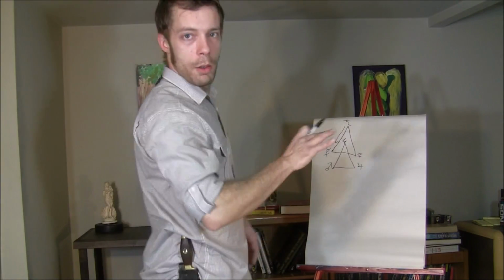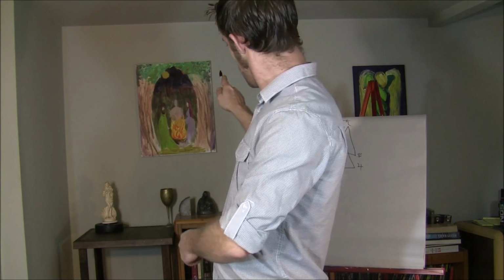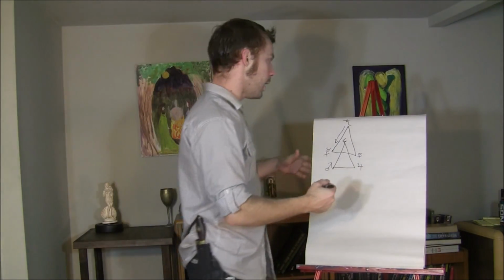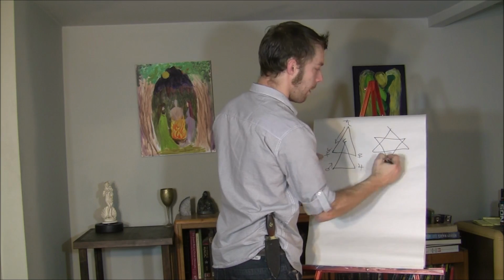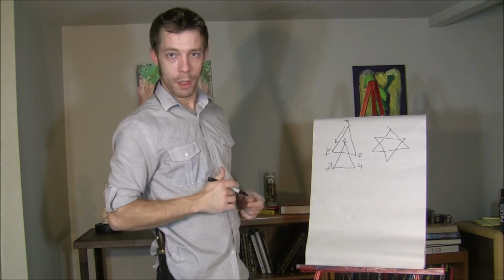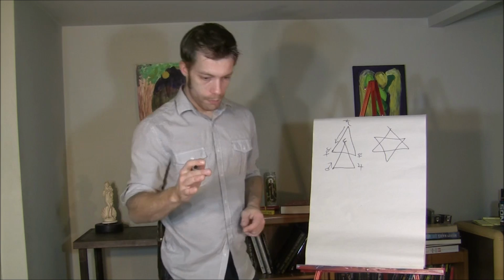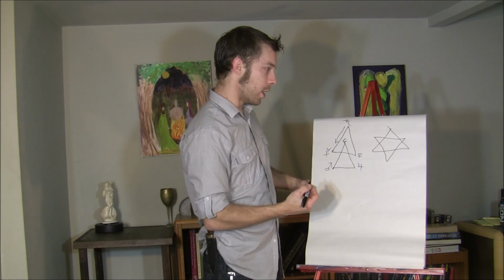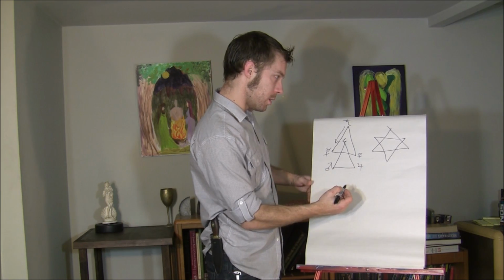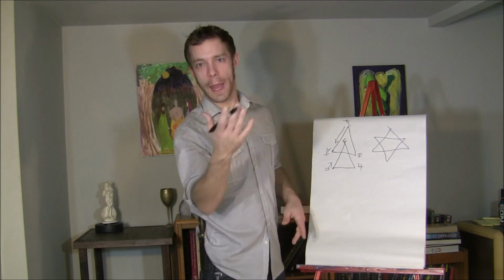Alright, so we've started in the east with fire. Now we're coming to Capricorn in the south for earth. And we are going to go ahead and use the overlapping balanced hexagram for earth. Now, progressing to the west with air.